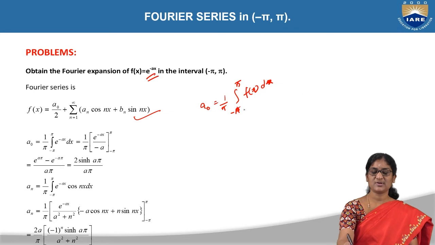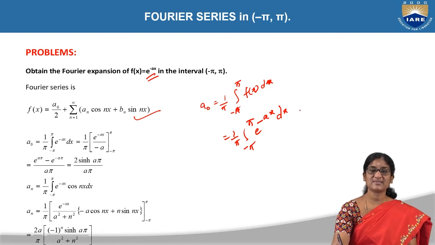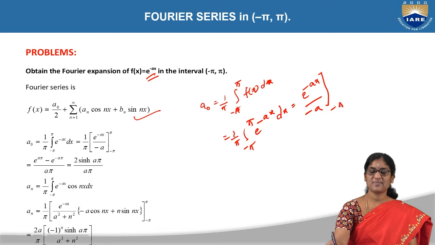Substituting, we get 1 by pi integral minus pi to pi e power minus ax dx. We all know that the integral of e power kx is e power kx by k. So this comes out to be e power minus ax by minus a, from minus pi to pi, and outside we multiply with 1 by pi.